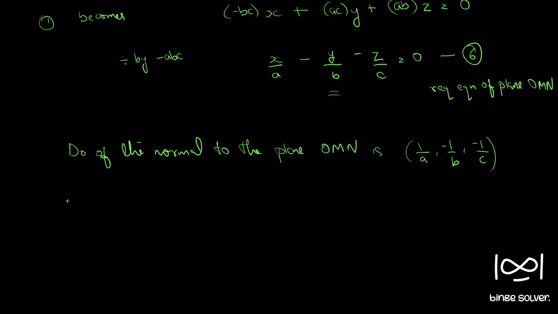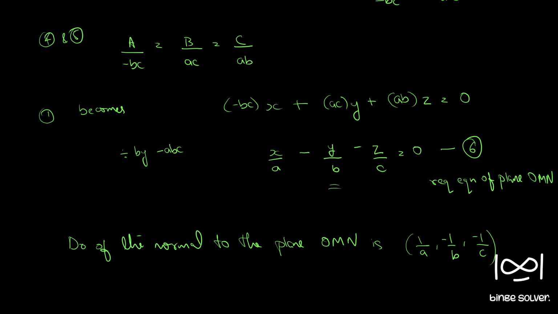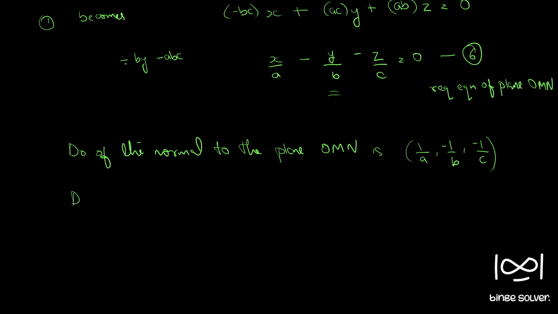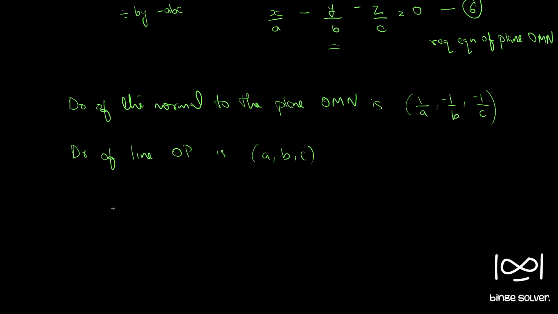Now we need the direction ratio of the line OP. Since P is (a, b, c) and O is the origin, the direction ratio is a, b, c. From this we can find the angle using cos theta equal to a1 a2 plus b1 b2 plus c1 c2.